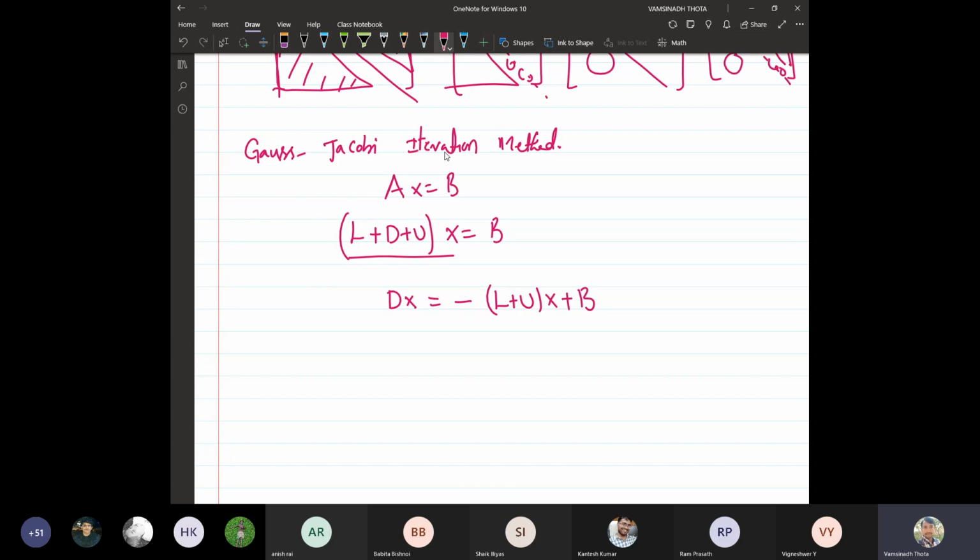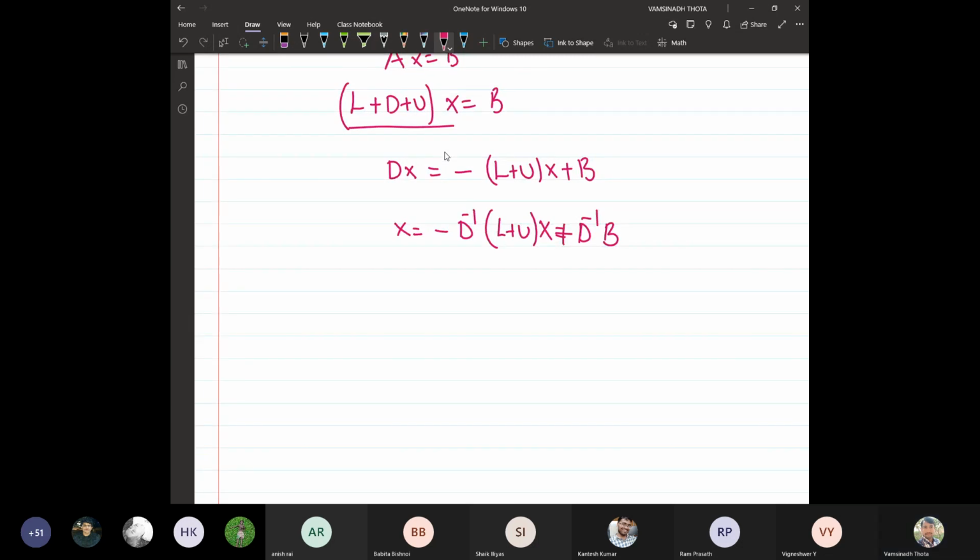Is it clear? L times x, this side. U times x, this side. D times x, this side. Now what we will do, multiply both sides with D inverse. So x = minus D inverse times (L + U) times x plus D inverse times b.